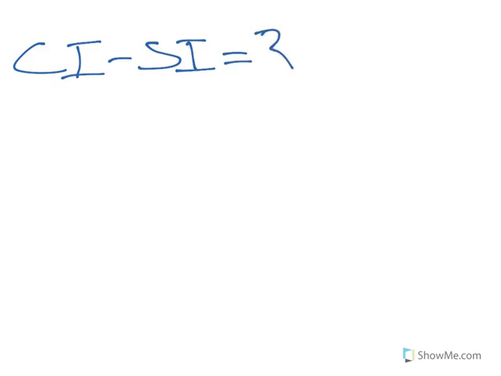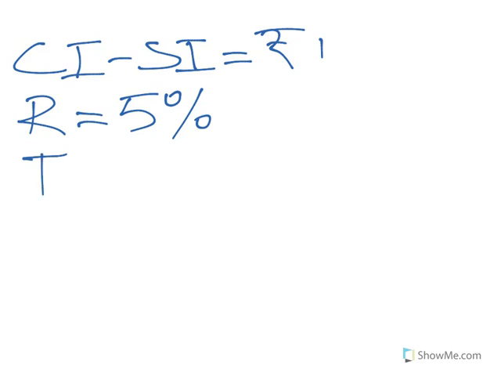So I'm not going to bother with a whole word problem. I'm just going to give you some values. Let's say my compound interest minus simple interest is equal to 1 rupee. The rate is 5%, and the time is going to be 2 years.